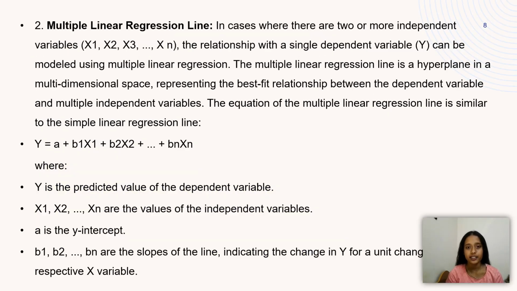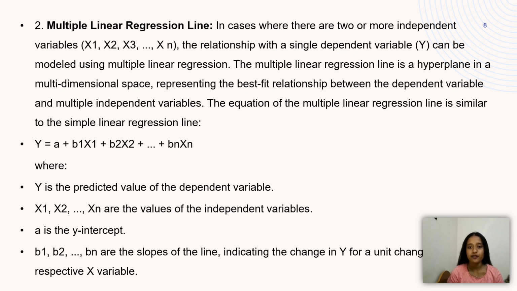The multiple linear regression line is the case where two or more independent variables are in a relationship with a single dependent variable. It is usually represented by a hyperplane.